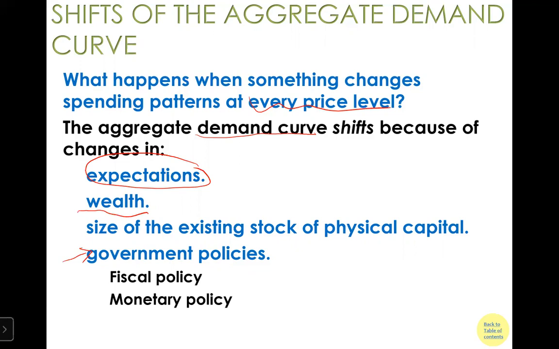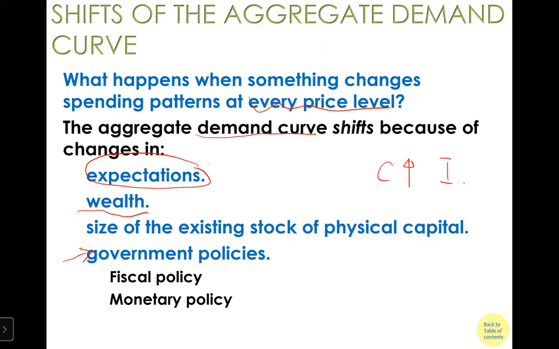So this expectation is going to feed back to our demand curve. For example, if we are expecting a booming economy, then we are going to increase our consumption and increase our investment spending as a response to a very rosy expectation. So that's going to lift up the aggregate demand curve, or the aggregate demand curve will shift up.